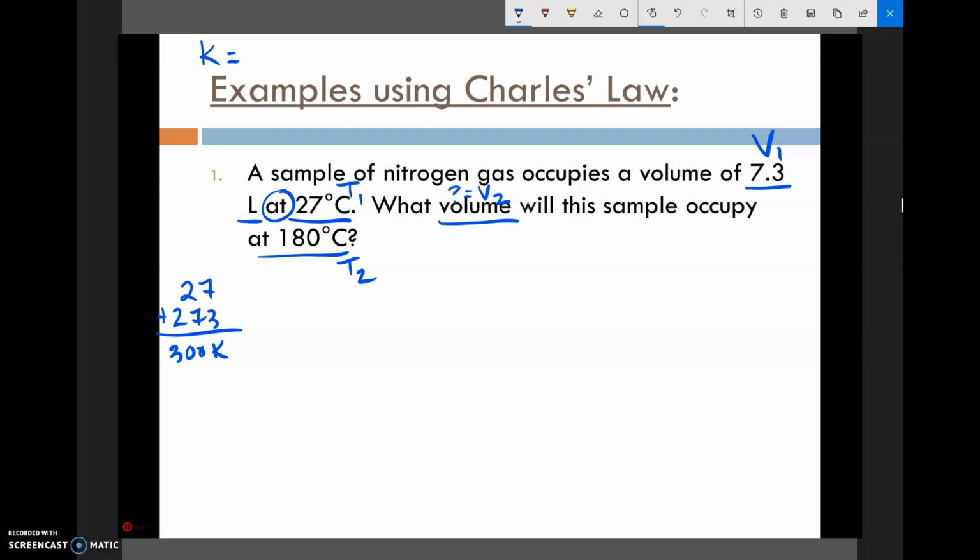So remember, Kelvin is just Celsius plus 273. That's all I'm doing here. Okay, so this right now is now going to change to 300 Kelvin. And then right here, I'm just going to add 273. So I'm going to get 3, then 15, and then I'm going to get 453 Kelvin. All right, so now that I have all of my variables and the units I need.